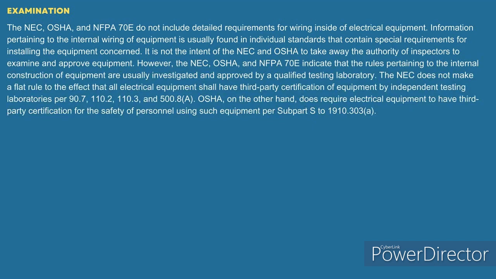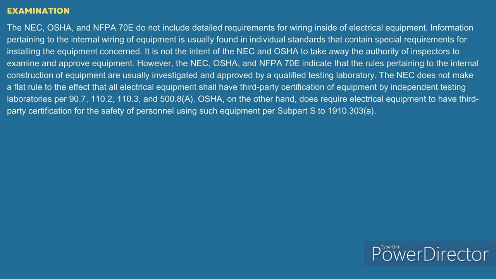And then it also says the National Electrical Code does not make a flat rule to the effect that all electrical equipment shall have third-party certification of equipment by independent testing laboratories. Then you go through all the sections we went through earlier. But then if you look at OSHA, on the other hand, it does require electric equipment to have third-party certification for safety of personnel.